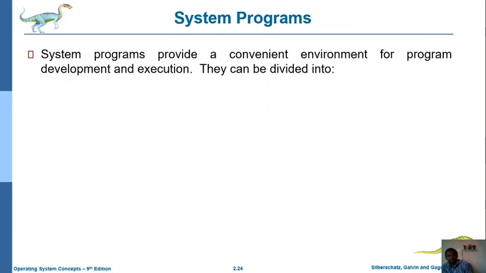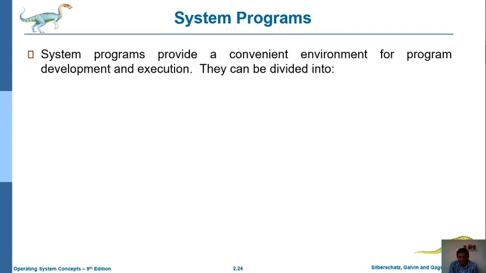Now we observe what is meant by a system program. Whenever we want to access services, the operating system can provide some convenient environment for accessing them. For that purpose, we are using the system program. The main purpose of a system program is to provide a convenient environment for program development and execution.